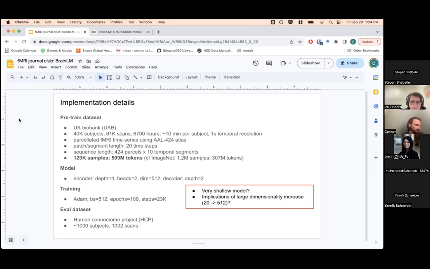I think like a base vision transformer, I can't remember off the top of my head, I think it's 12 layers deep, or like 12 blocks. Does anyone remember how deep the base ViT is?